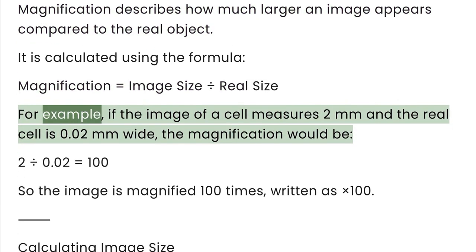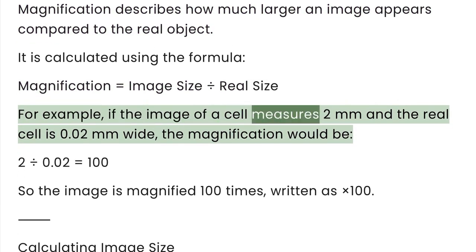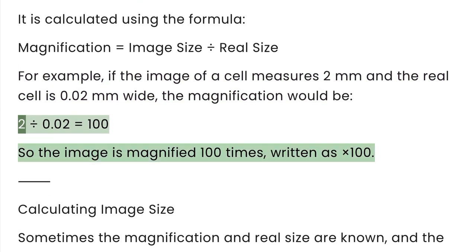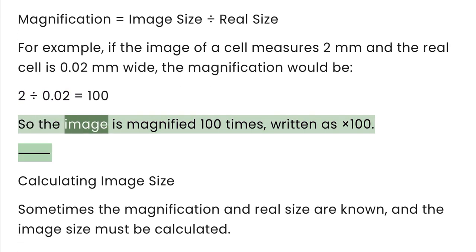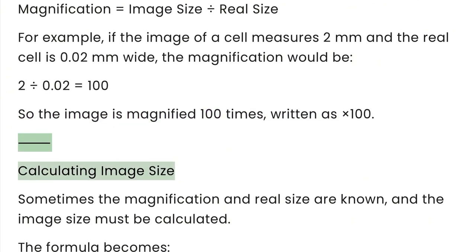For example, if the image of a cell measures 2 millimetres and the real cell is 0.02 millimetres wide, the magnification would be 2 divided by 0.02 equals 100. So the image is magnified 100 times, written as ×100.